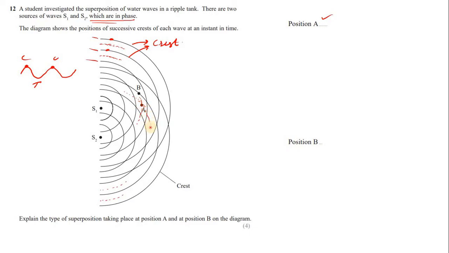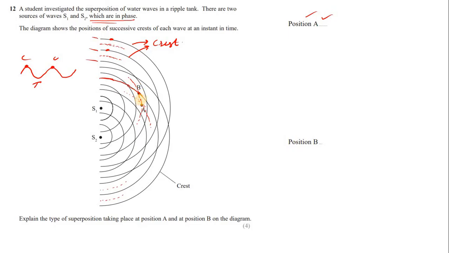If you see, at point A we have a trough combining from both waves, and the waves are in phase, so there will be constructive interference. So at A we have constructive interference because the trough of one wave overlaps with the trough of the other. While at B, clearly you have a crest coming here and a trough.